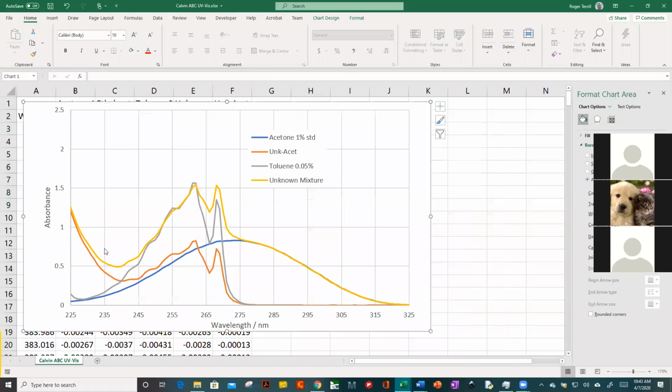Now we're ignoring the ethyl acetate, so we basically have to think about only this side of things, right?